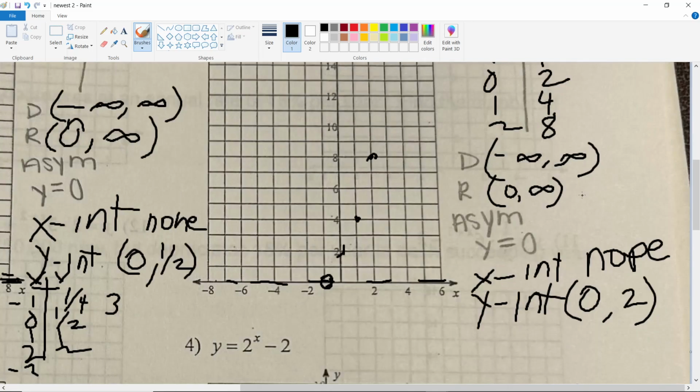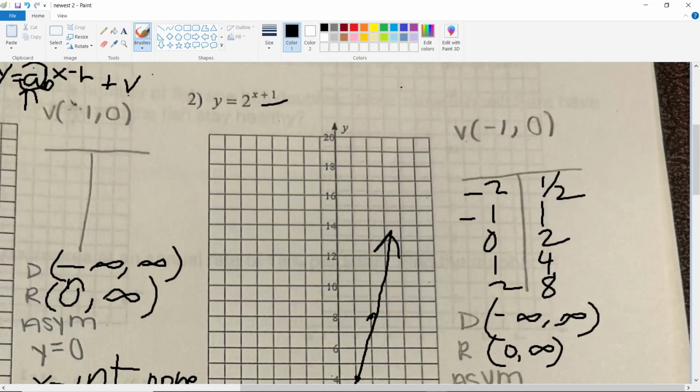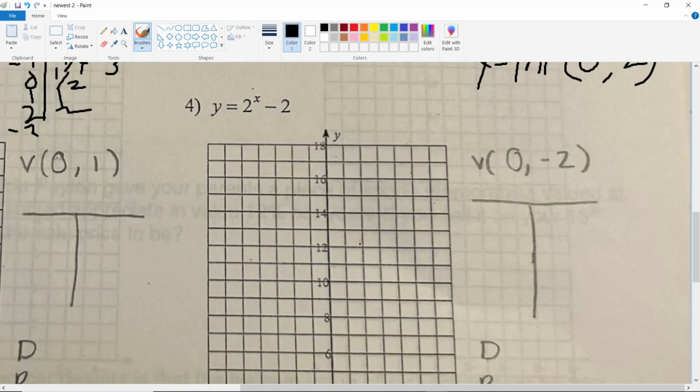So at -2, it's 1/2. Oh, nice. And at -1, it's 1. I've got enough to draw the graph. This should be getting closer and closer without ever touching. Put the arrows there at the ends to show it just keeps going and going. So there's that one.